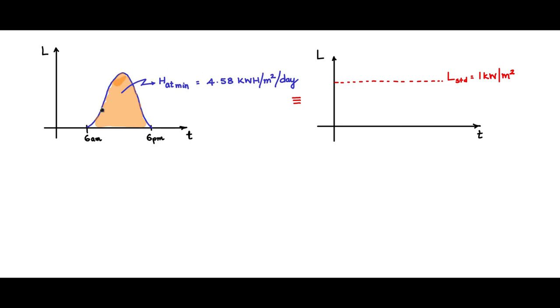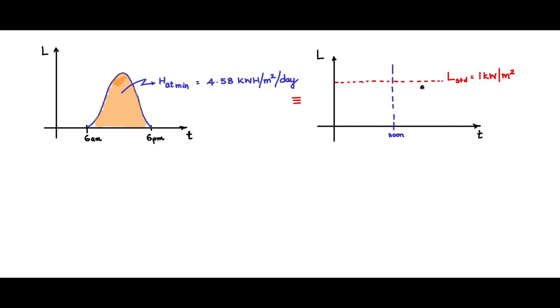Now can I map this area into a rectangular area having a maximum value of insolation of L standard, which is 1 kilowatt per meter square. Let me mark the line corresponding to noon.